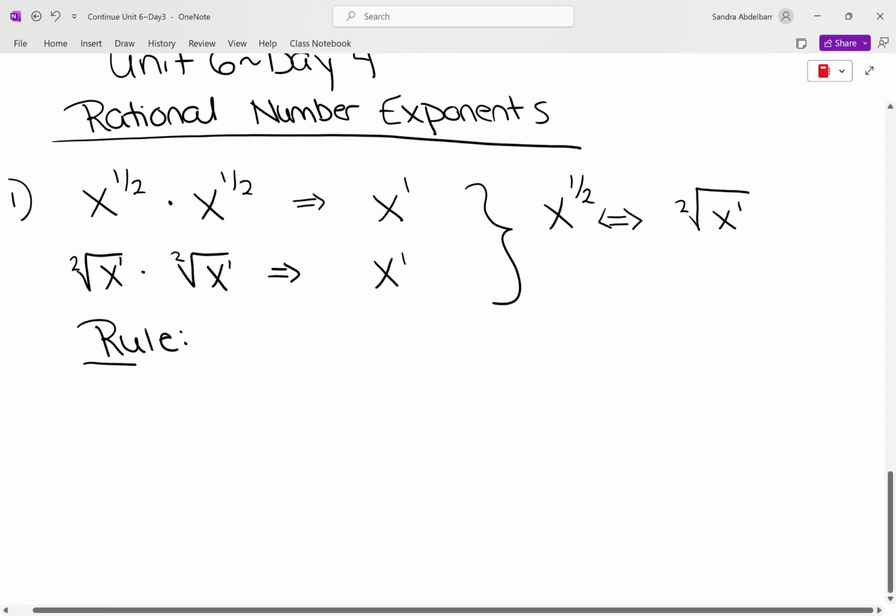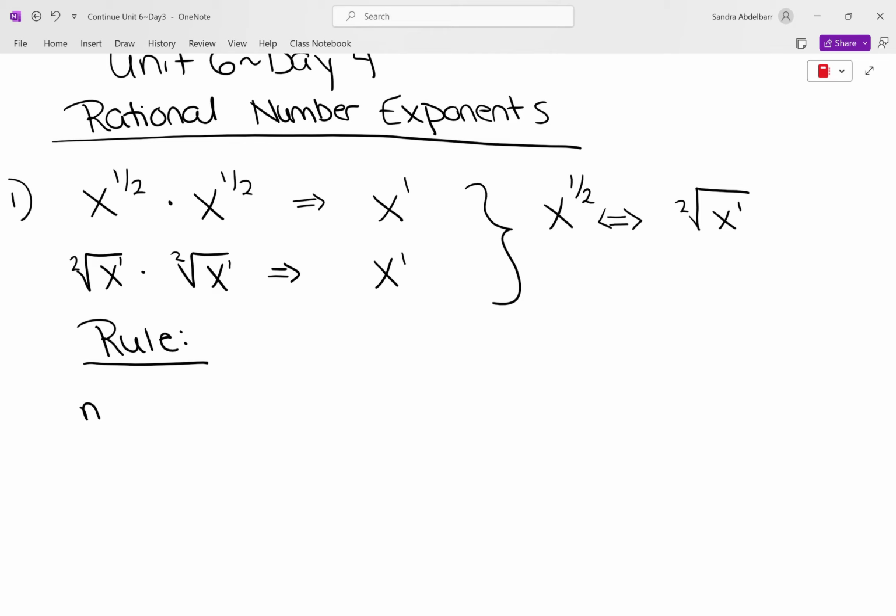The rule is going to be: if I have the nth root of a to the m power, that's the equivalent of a to the m over n. So the index becomes the denominator, the exponent is the numerator. And you could go either way. You could change exponential to radical or radical to exponential. And you'll see when I'm doing problems, I'll start flipping between them to see what's easier.